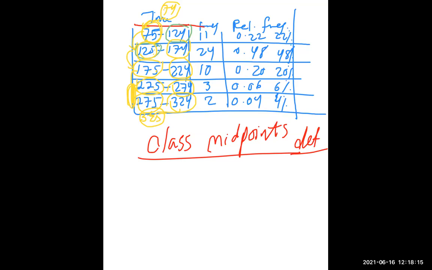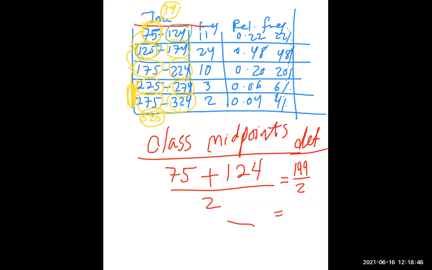To find the class midpoints, you add the lower and upper of each class and divide by 2. So 75 plus 124 divided by 2 gives the midpoint. 75 plus 124 is 199.